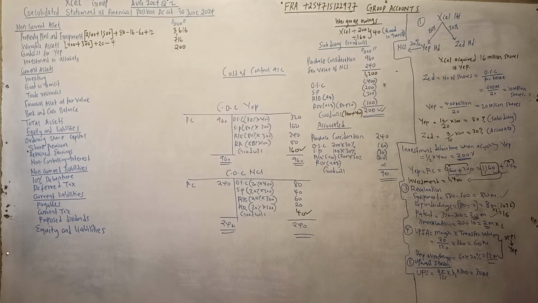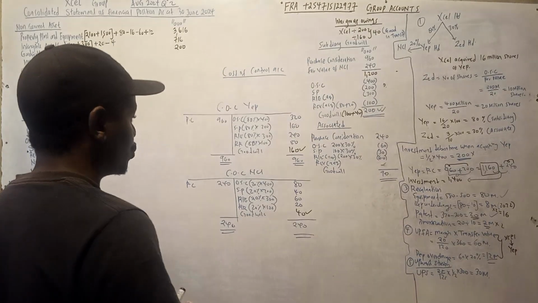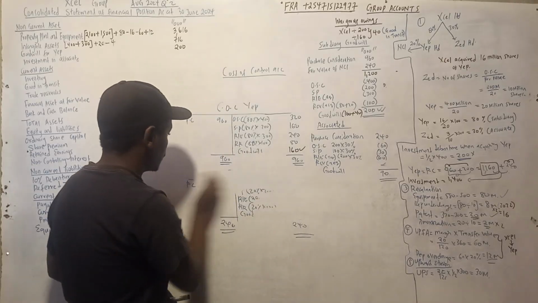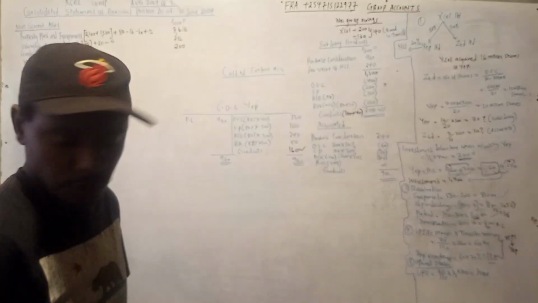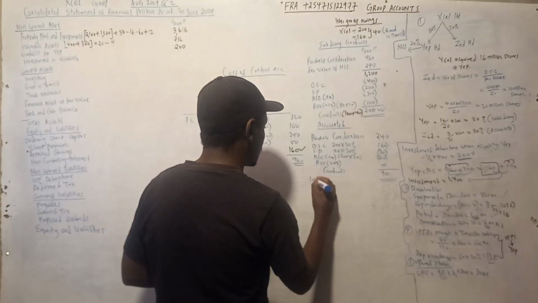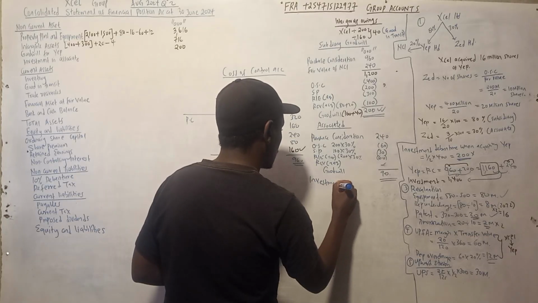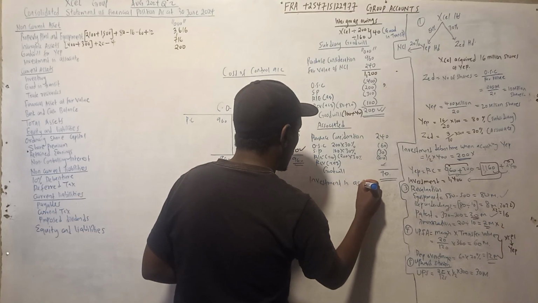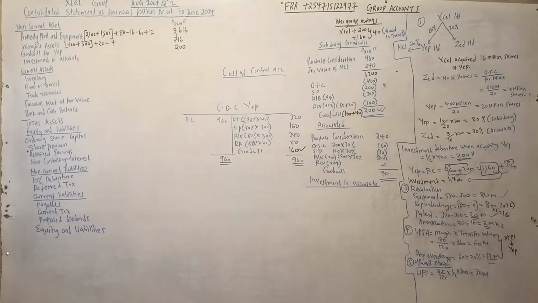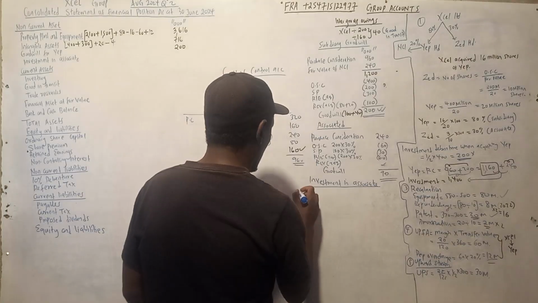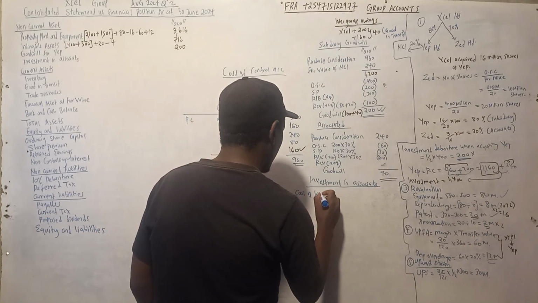So let us use the investment in associate. I will use option A. So option A, we have the cost of investment.